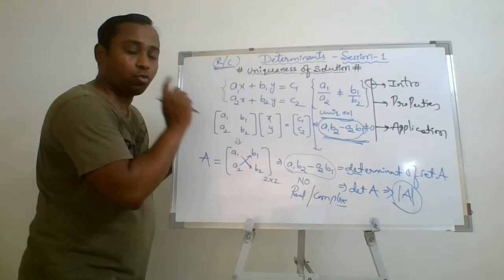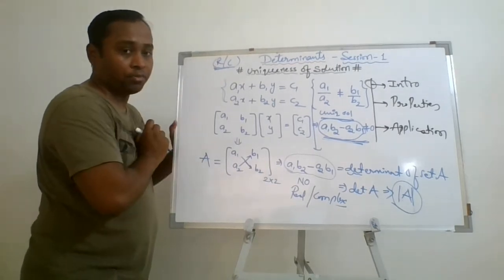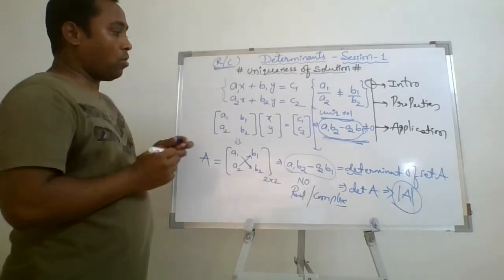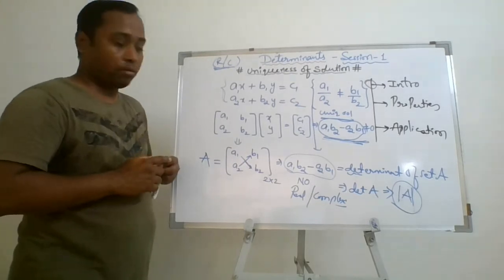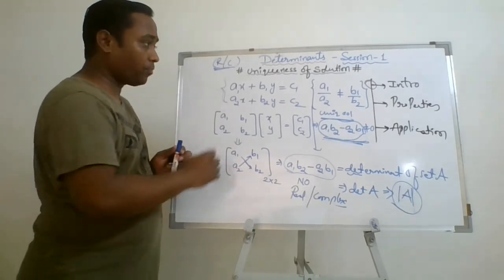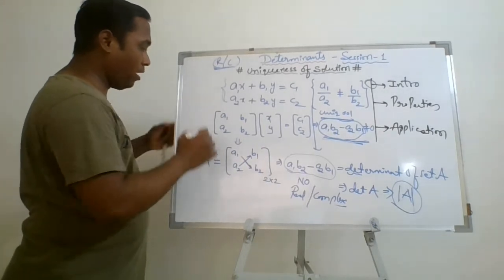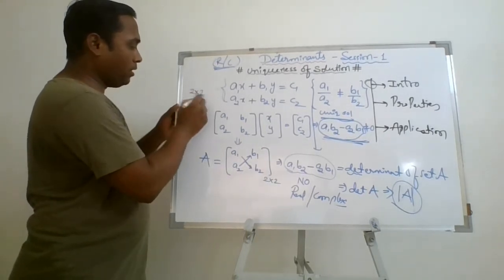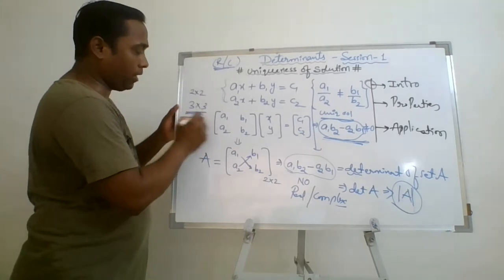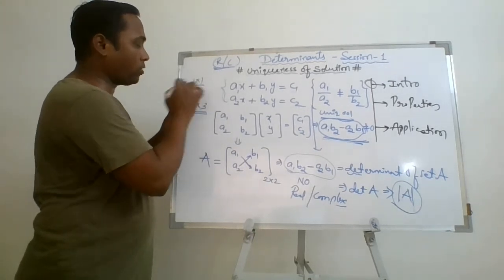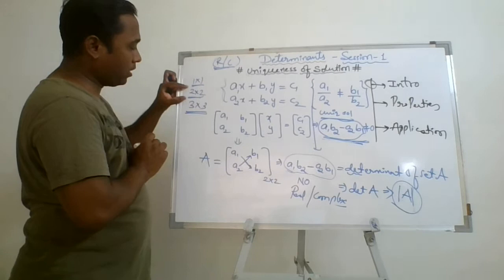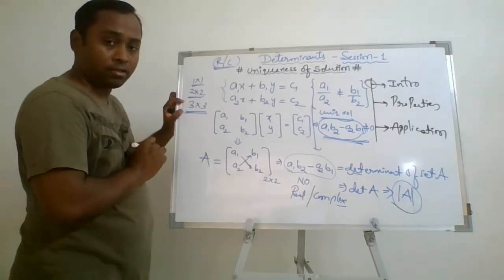So determinant is always a number. Okay, so I hope you have understood the meaning of determinant. In our syllabus, to find the determinant, we have only 2 by 2 matrices and 3 by 3, up to 3 by 3 only, or 1 by 1. You can also say 1 by 1 square matrix, 2 by 2 square matrix, 3 by 3 square matrix.